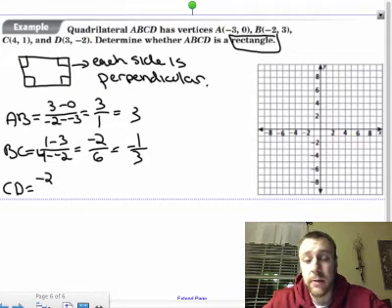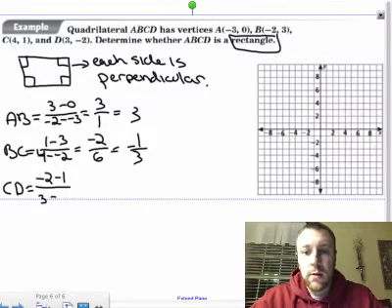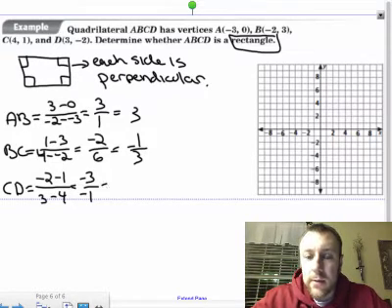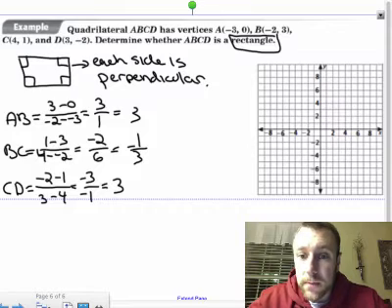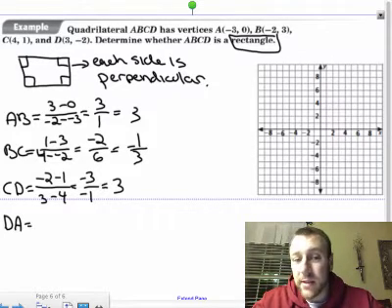But you notice when I reduce down, so you notice that when it becomes -2 over 6, which I reduce down to -1/3. And right there, you notice that they're opposite reciprocals.